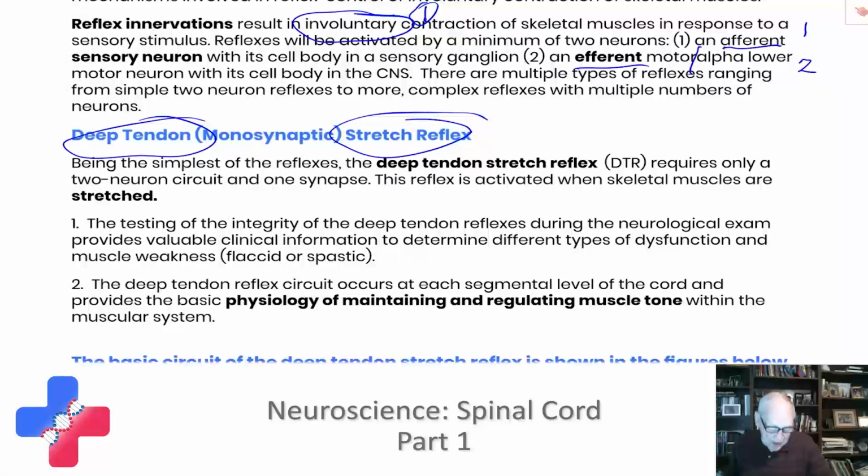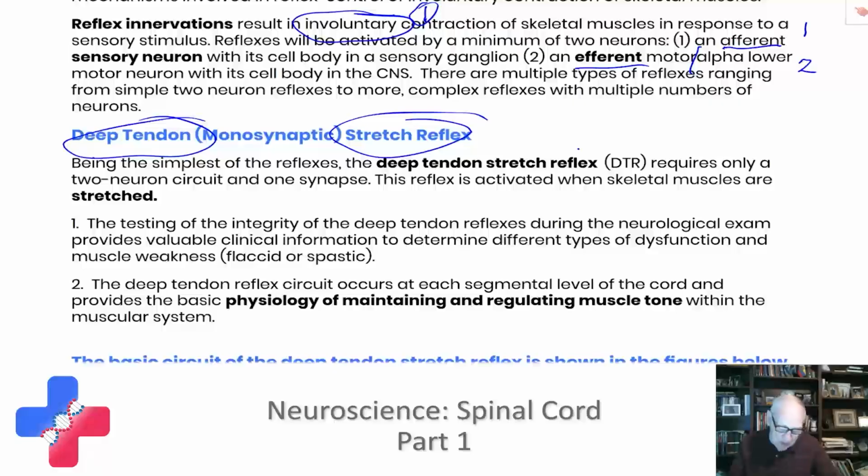Now, being simplest, what I mean there, this is the only reflex system that's basically a two neuron system. It has one sensory and one motor neuron. So again, it's going to have a two neuron sequence, one sensory and one motor. So the deep tendon is the critical one.